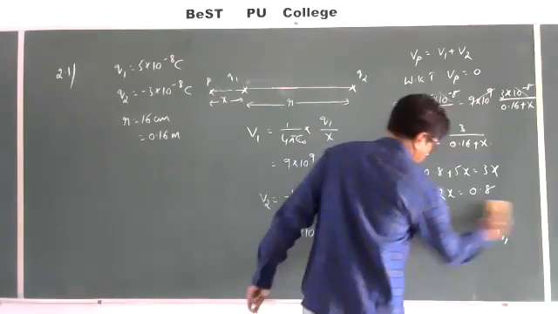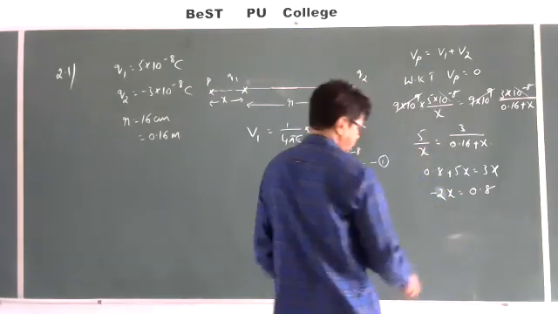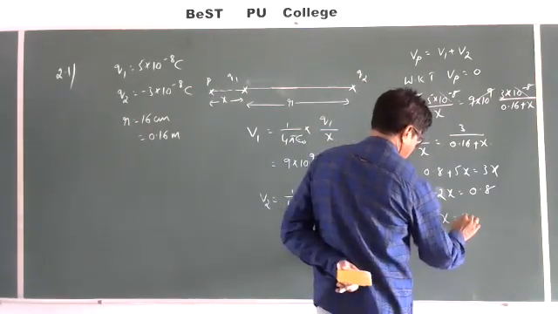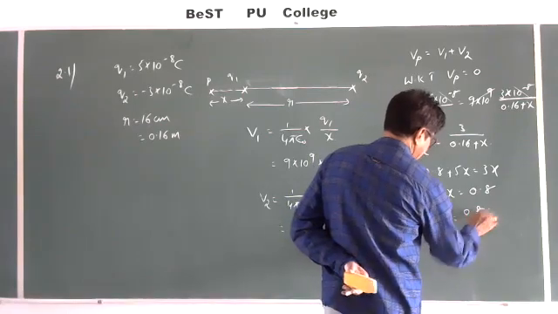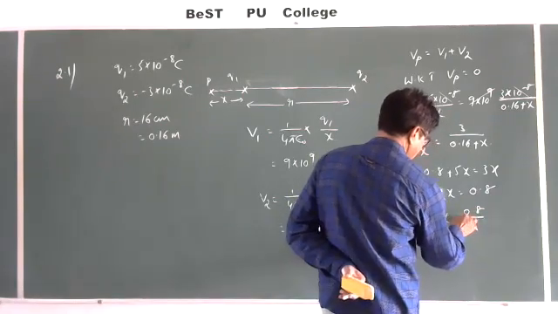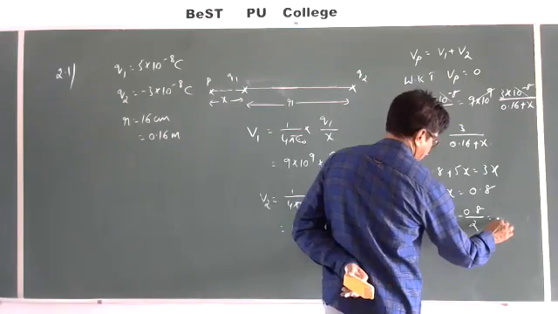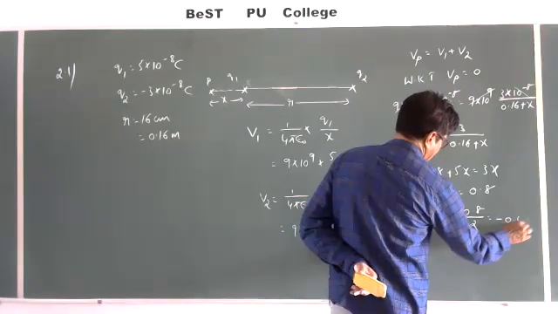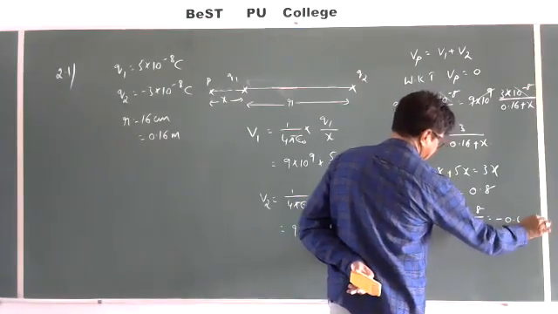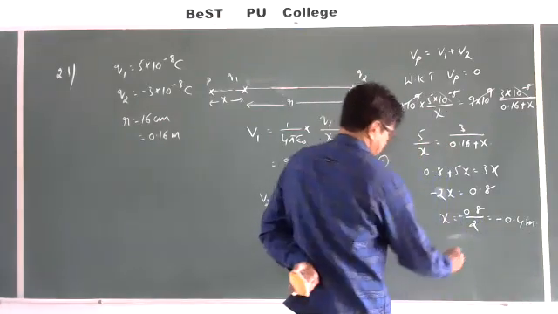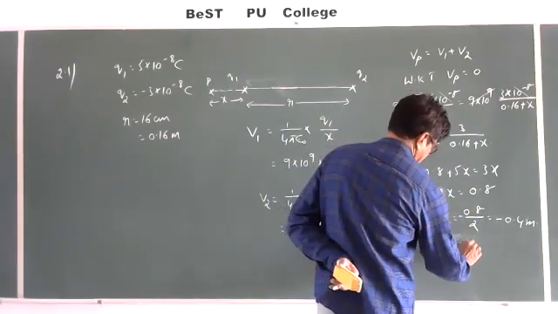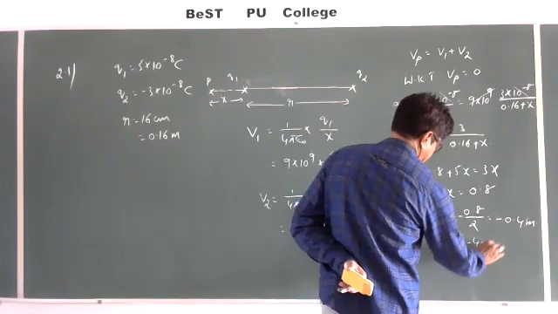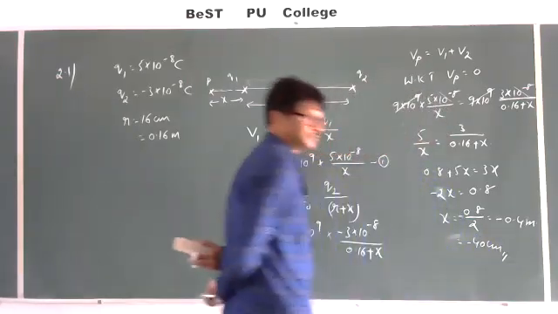X is equal to 0.8 by 2, which is equal to minus 0.4 meter, which is equal to minus 40 centimeter.